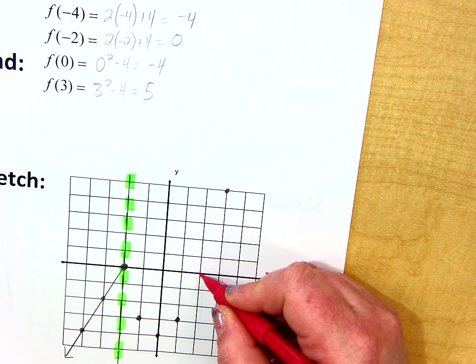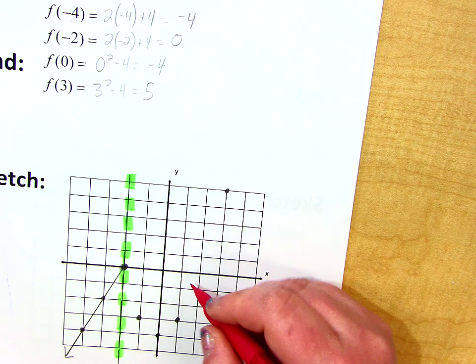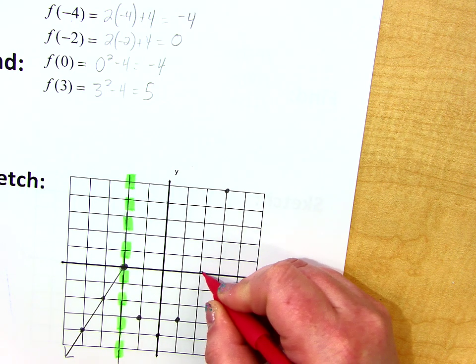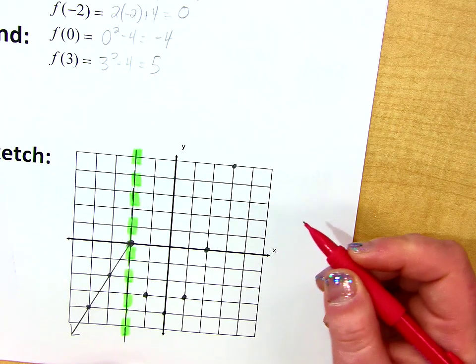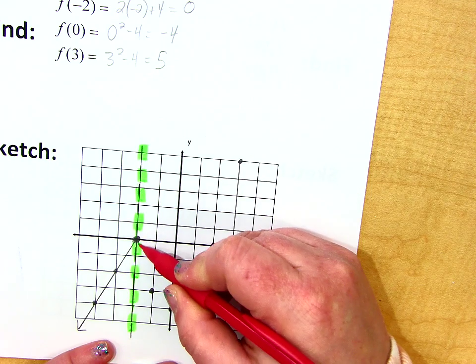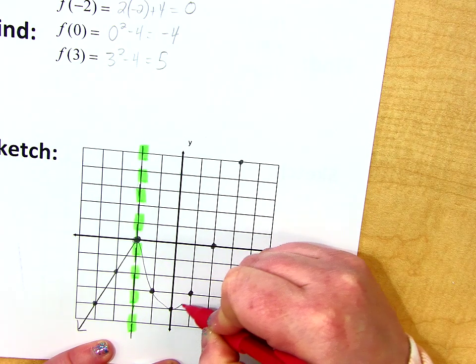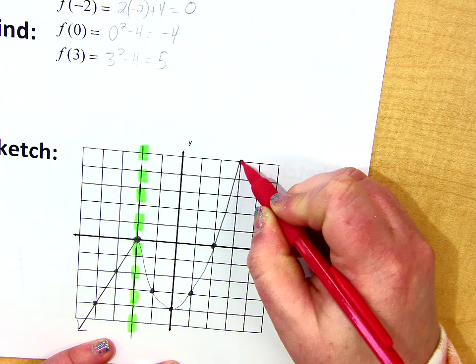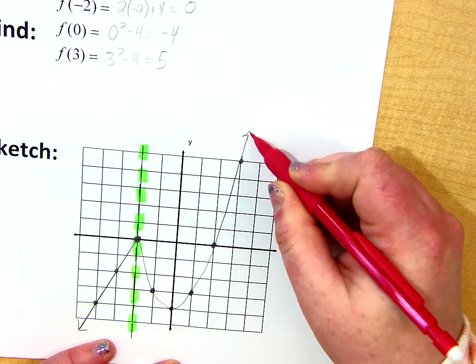And let's plug in 2, what comes out? Yes. And now hopefully you can see our parabola has taken form. It goes like this. I don't need to keep going because it's just going to be off my grid.